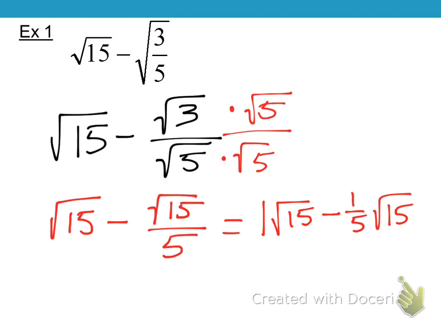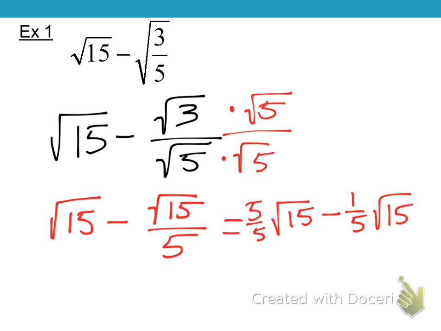Why would I rewrite it like that? You get the 15 alone. Yeah, so now it's a little easier to see that these are radicals that are alike, right? So I'm going to subtract their coefficients. Well, 1 is the same thing as 5 over 5, right?